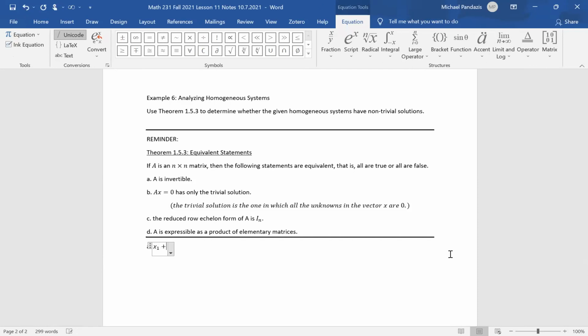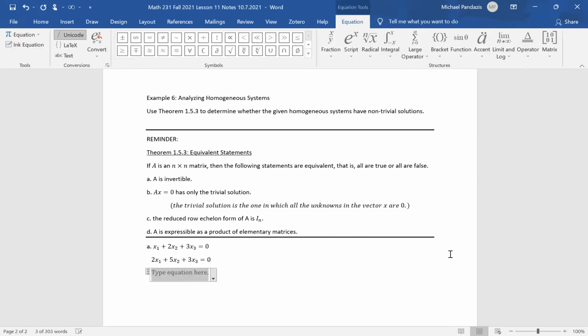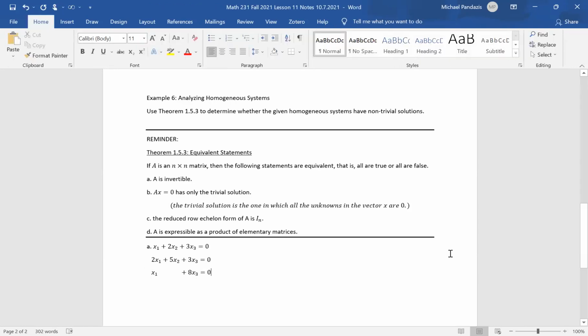x1 plus 2x2 plus 3x3 is equal to 0, 2x1 plus 5x2 plus 3x3 is equal to 0, and x1 plus 8x3 is equal to 0.